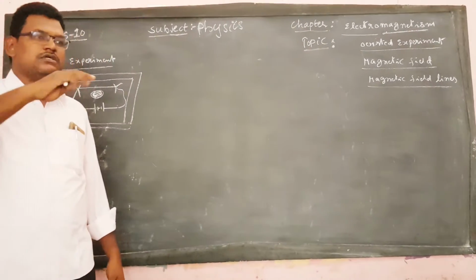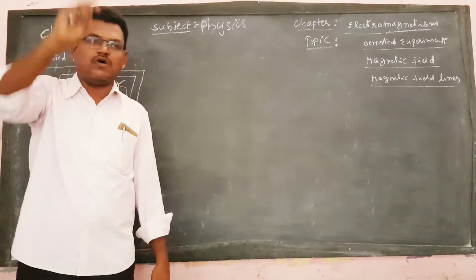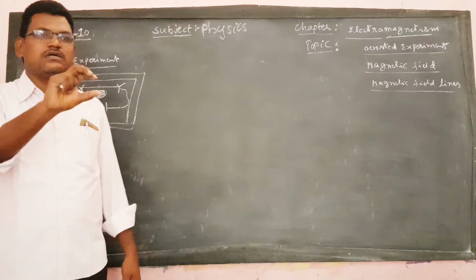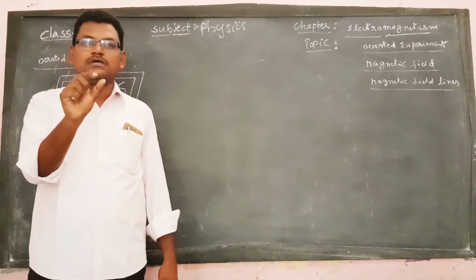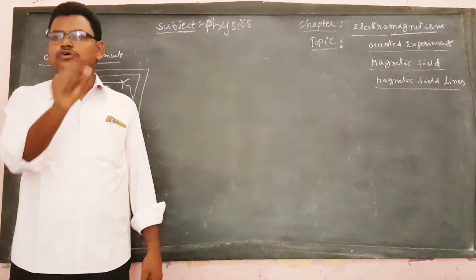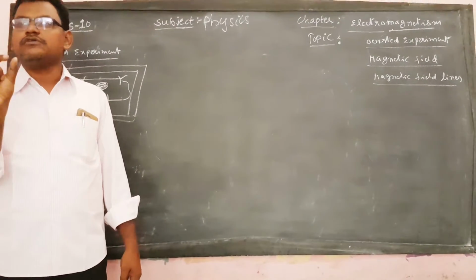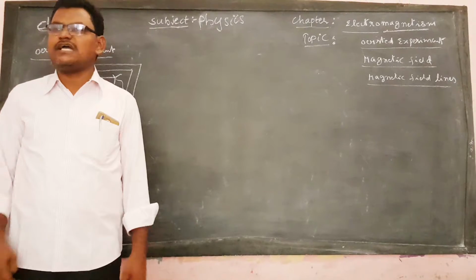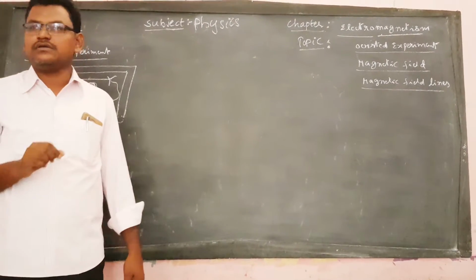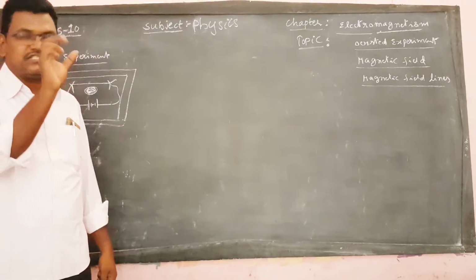He observed that when there is a flow of current in the wire, the magnetic needle in the compass box deflects. Actually, magnetic needles can deflect only by the magnetic field of magnets.